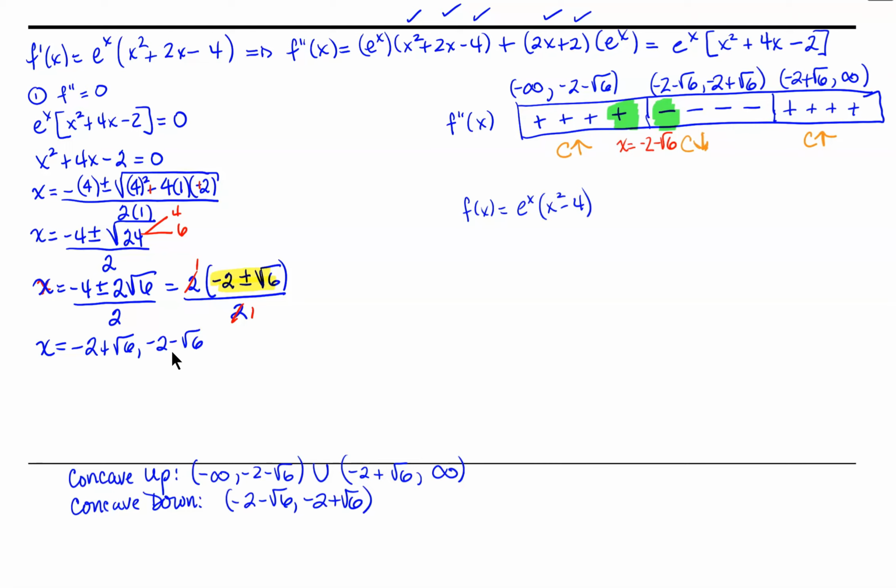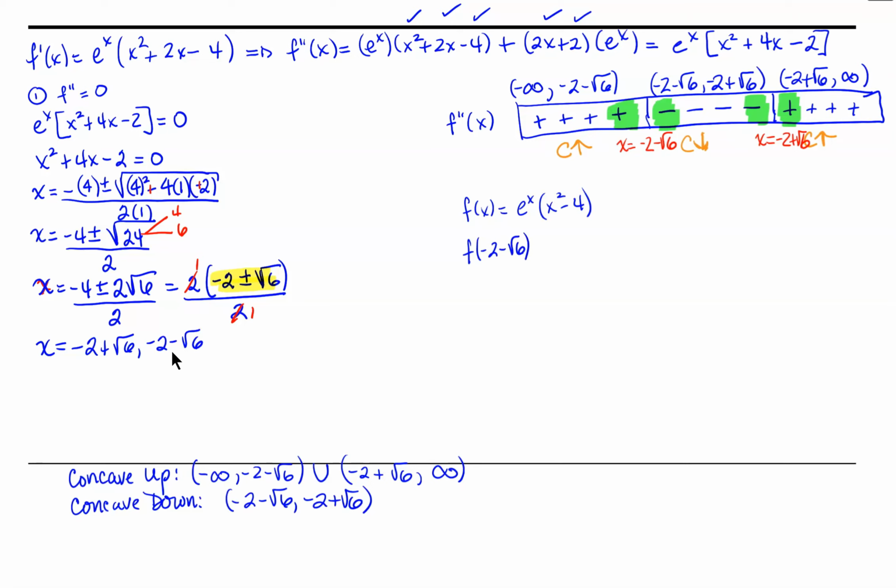And then for our critical point x equals negative 2 plus square root of 6, we can see that there is a change in concavity from concave down to concave up at that critical point. So we do have, in fact, 2 points of inflection.